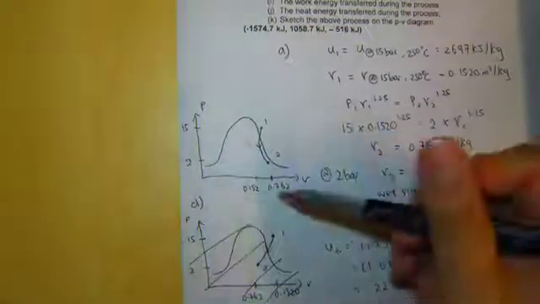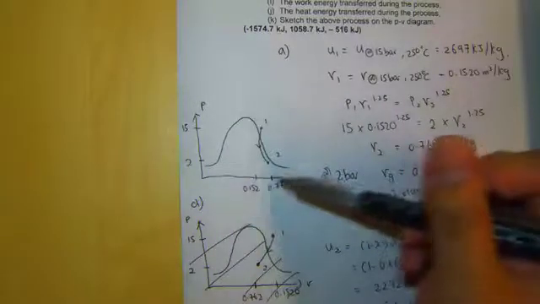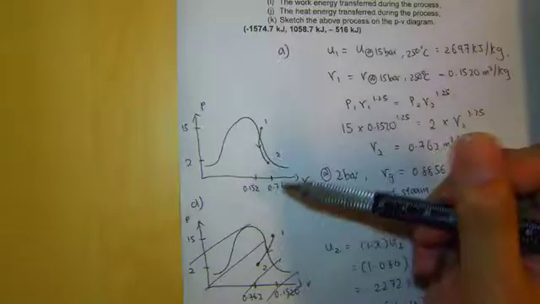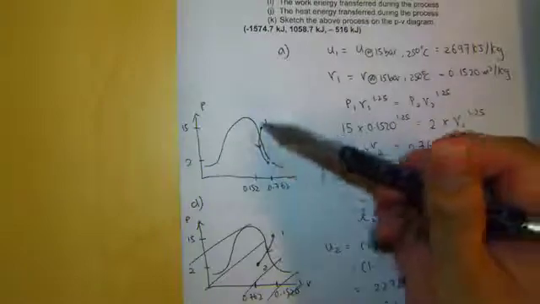Because 0.762 is more than 0.152, by putting in the v value, you will see that my orientation from the previous class is wrong. It should be this way, from 1 to 2.